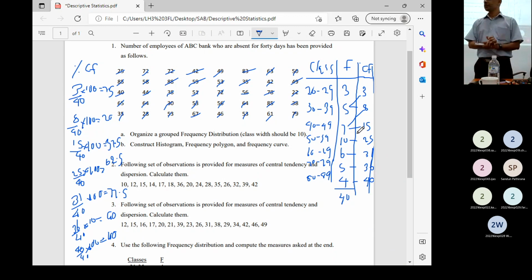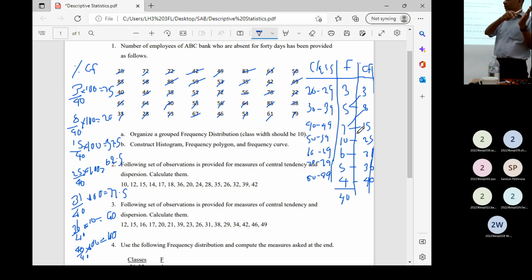The given limits, 20-29, are the practical limits. If you use 20 or more, less than 30, that is also the practical limits, the given limits. But theoretical limits will be different. The given limits are considered as practical limits.